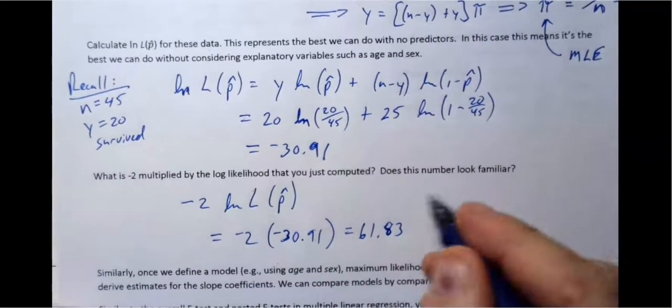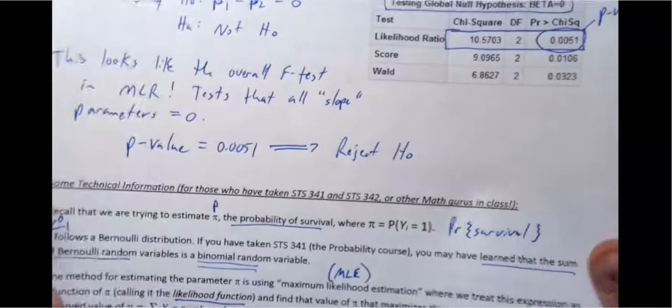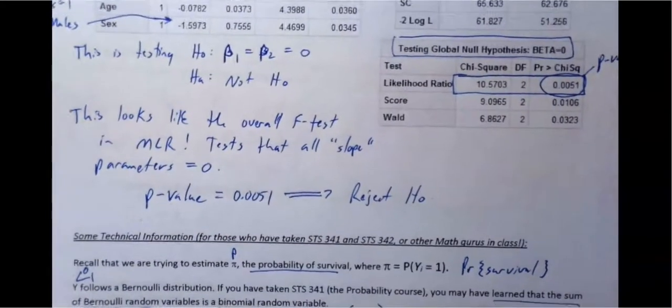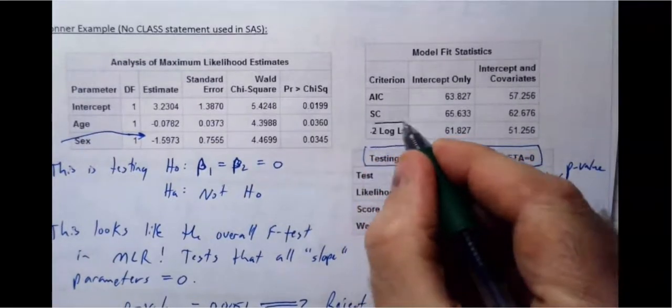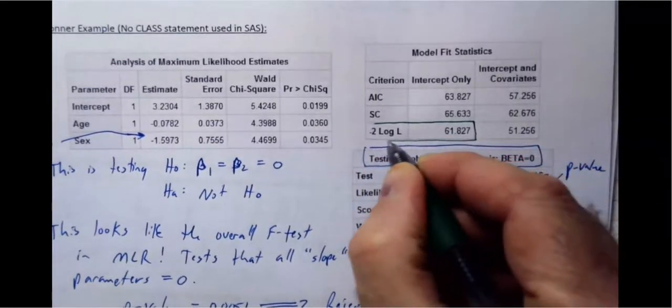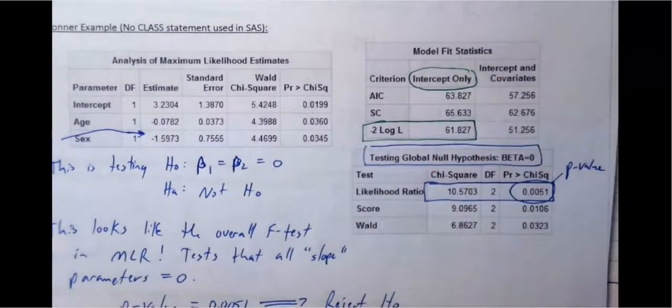And does that number look familiar? What did we just calculate? 61.83 is minus 2 times the log likelihood in a model that has the intercept only.